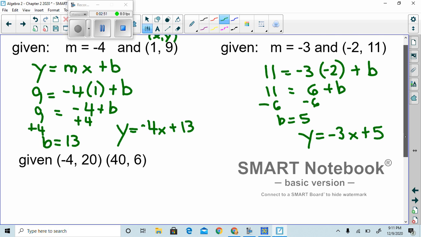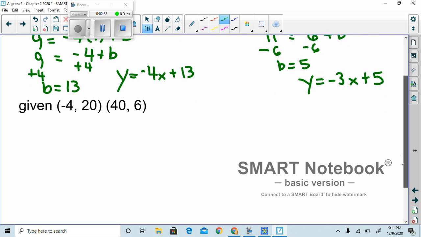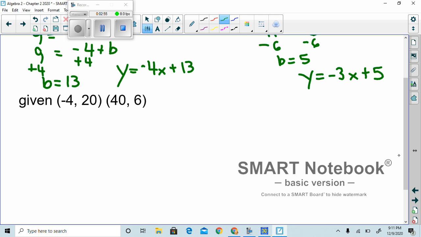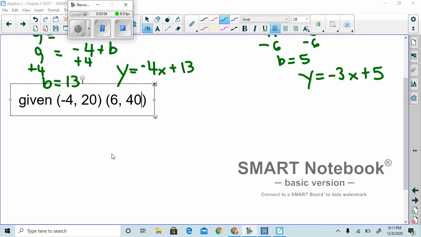We moved on to the third way to write the equation, and that's when we were given 2 points on the line. We needed to first find the slope. To find slope, we use the slope formula.